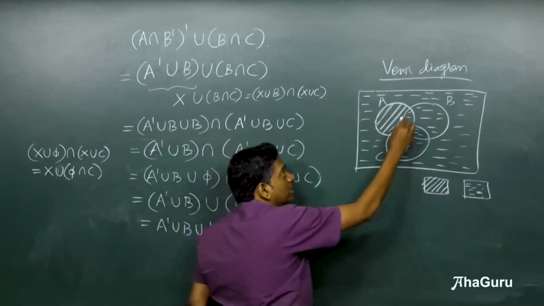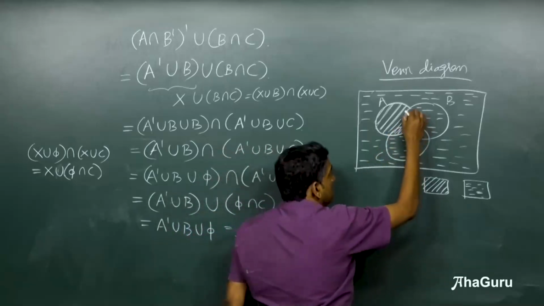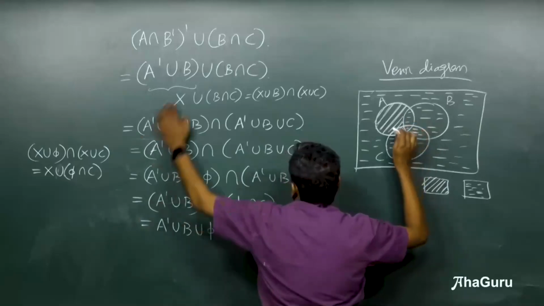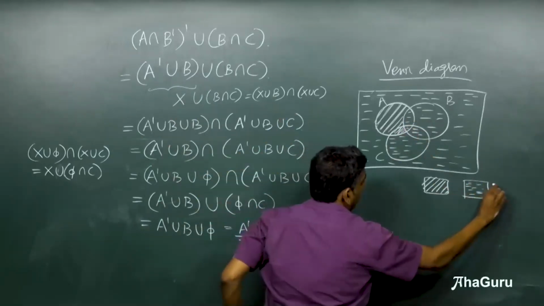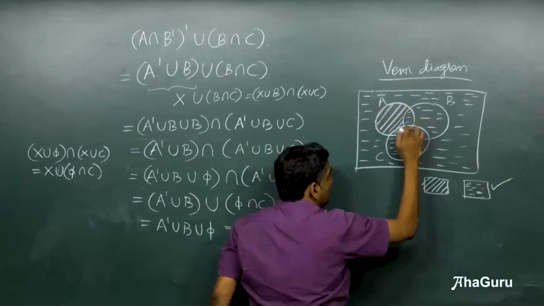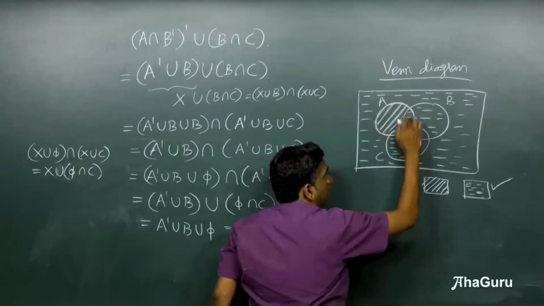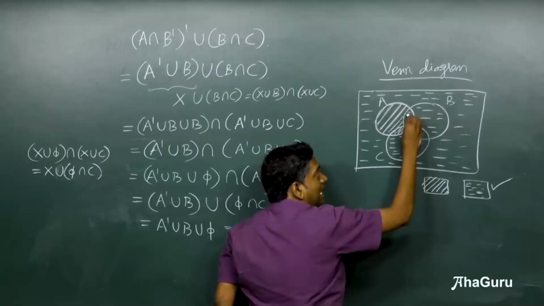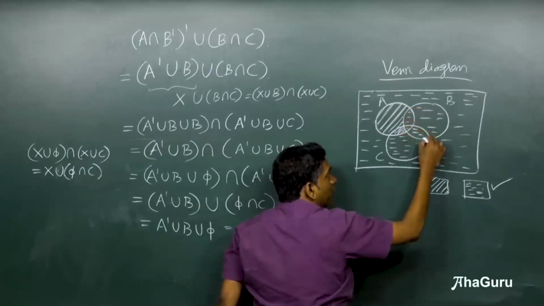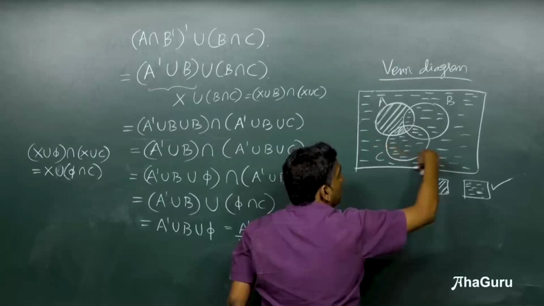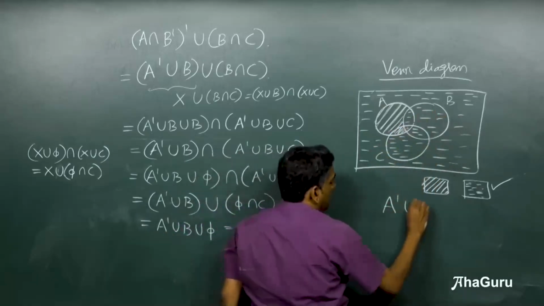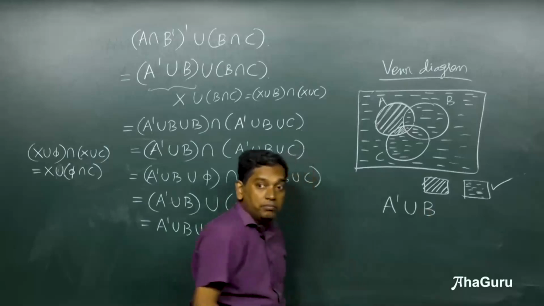We want to include this region which is part of A and therefore not part of A complement, but we have found in our simplification this is part of the dashed region. So the dashed region is simply A complement, all the things not in A, but this extra. This extra is nothing but if you included B, then it will encompass everything. So this region is simply A complement union B.